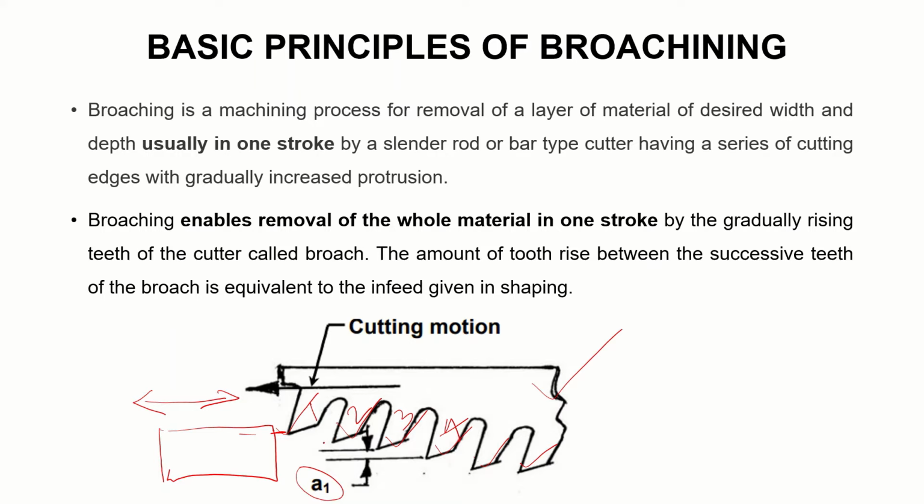Then immediately teeth 2 will approach. As the tool moves along this direction, first teeth 1 will be in contact, then teeth 2. Since teeth 2 is contacting this workpiece at a slightly lower distance from the surface, it will remove some more material.